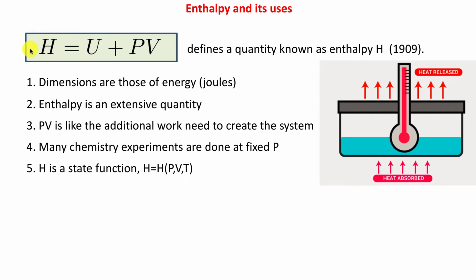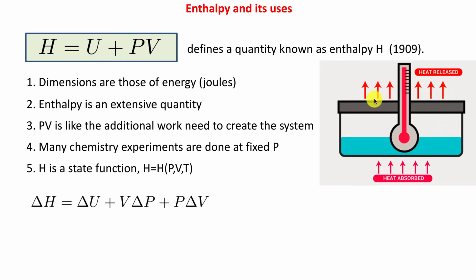Now let's look over here at the definition of H. H is the sum of a state function plus a function of P and V. Well, it's a pretty simple function of P and V. It's just the product of P into V. And so H is itself a state function, meaning that it depends upon P, V, and T. Now let's see what happens if we make a small change in U, in P, and in V. In that case, delta H will be just the change in U plus V delta P plus P delta V.